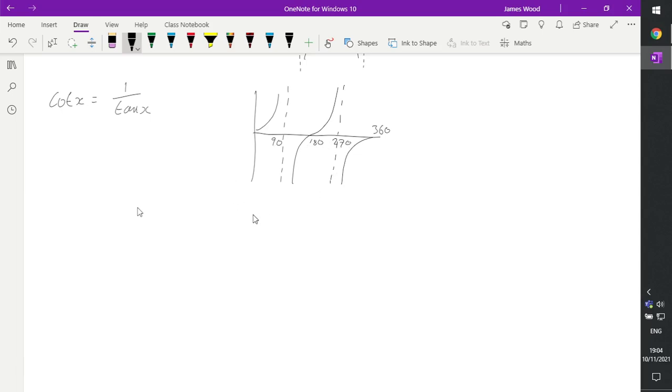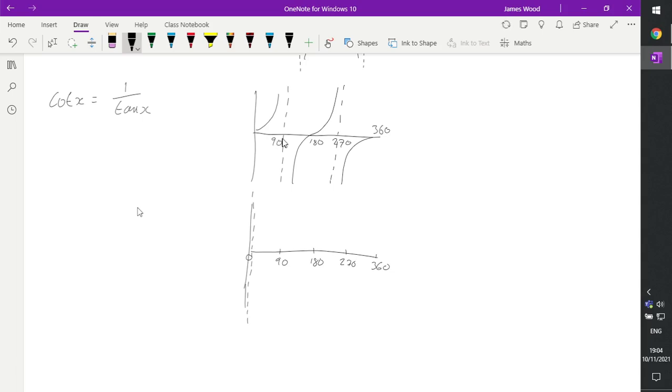Now we're going to draw 1 over tan x underneath it. So in terms of some key points, we've got a 0 here at 0. Actually, let's just fill in the axis properly. Okay, so 1 over 0 is undefined, so we're going to get an asymptote here.